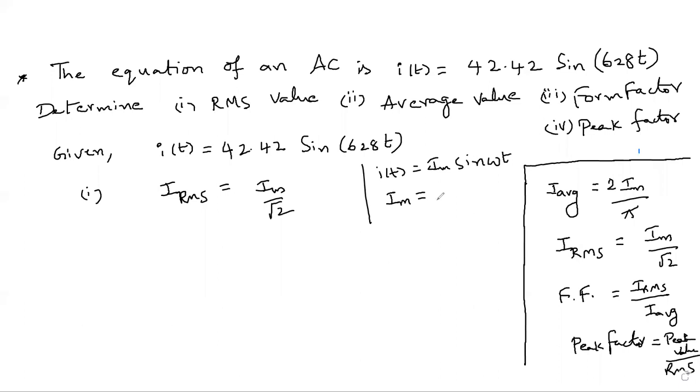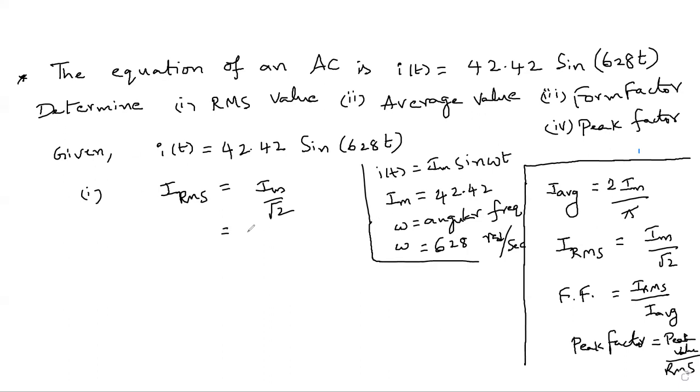42.42. Very good. And what is the value of omega? That is angular frequency, omega. 628. Right. Very good. Omega is equal to 628 radians per second. My units are very important. Now, substitute Im value as 42.42 by root 2. How much is the value?